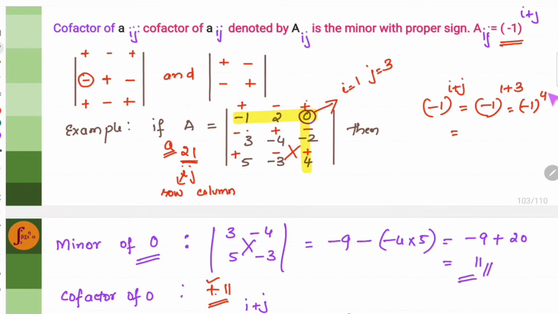Since this is an even power, when you multiply minus 1 four times, it's going to be plus 1 itself. So the sign that you get is plus. That's how we arrived at this plus sign here. To make it easy, if you just remember this particular sign concept, that every element has alternate signs, you can avoid all this i plus j calculation.